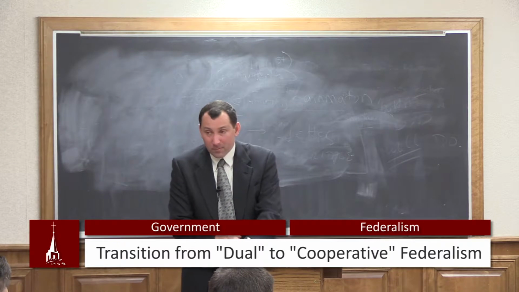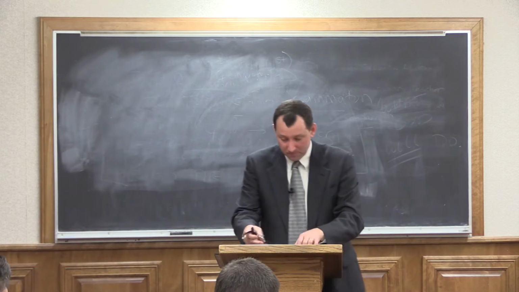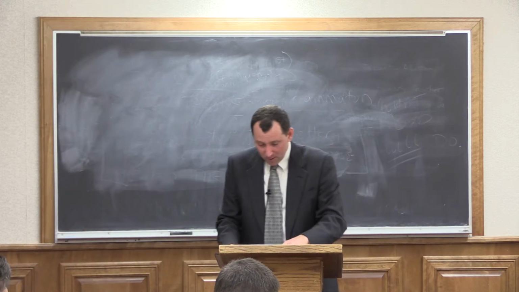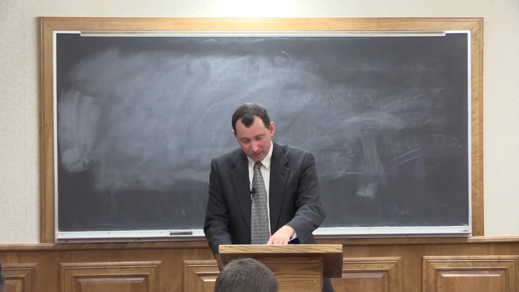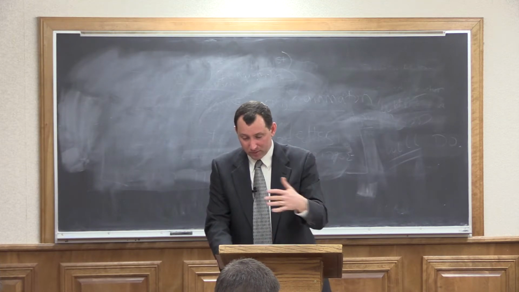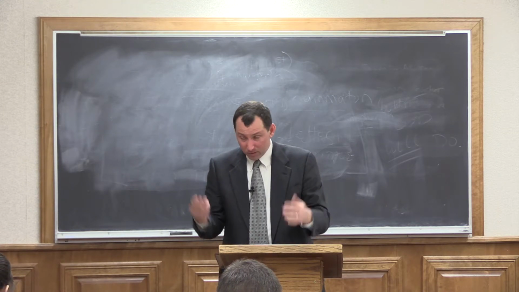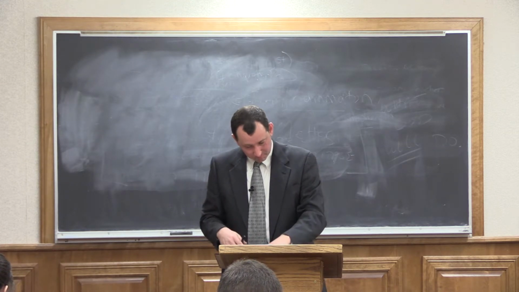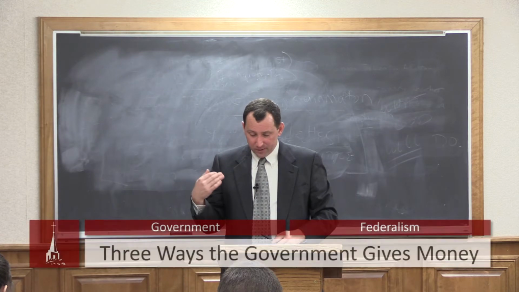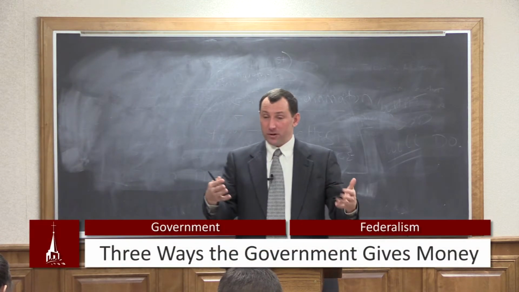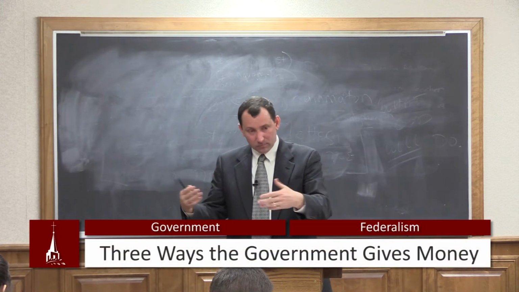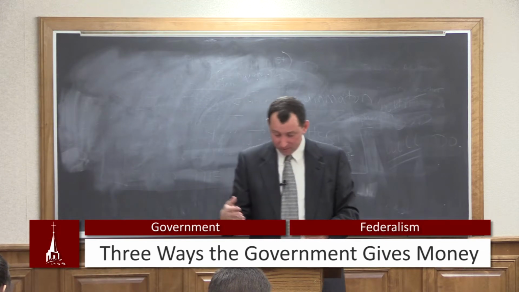All right, questions on that much? I have all that underneath what caused America's system to become cooperative instead of dual. There are two more things I want to talk about here with federalism. The next one is the three main ways the government gives this money to the states. There are a couple of different avenues that they use.